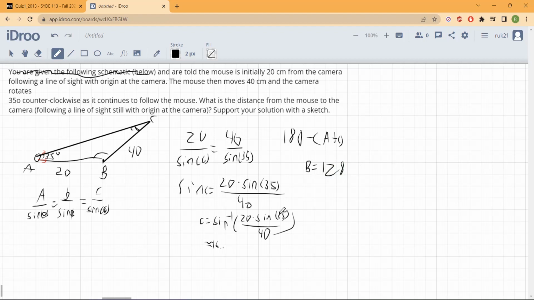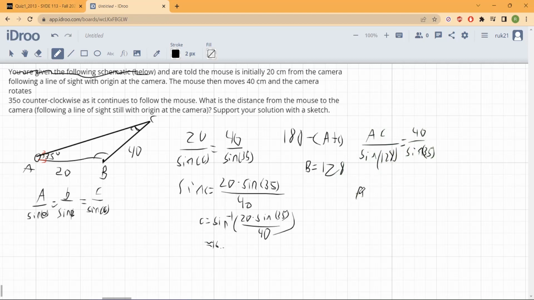So then, now that we know angle B, we can now calculate this side, AC. That's going to be AC over sine of 128 equals 40 over sine 35.